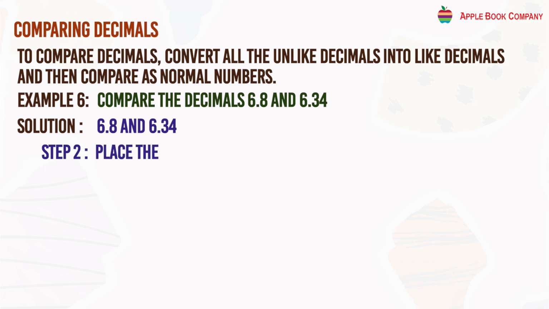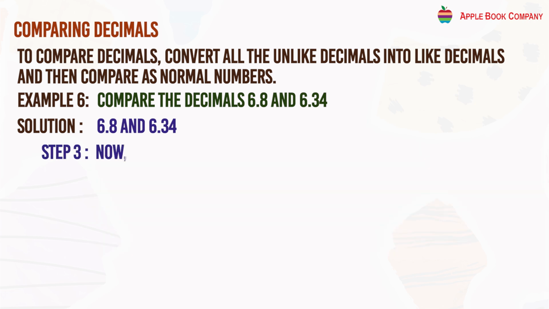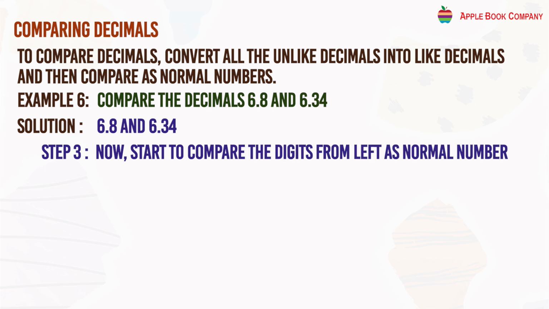Step 2. Place the decimals in the place value chart. Decimal 6.80, ones 6, tenths 8, hundredths 0. Decimal 6.34, ones 6, tenths 3, hundredths 4. Step 3. Now start to compare the digits from left as normal numbers.